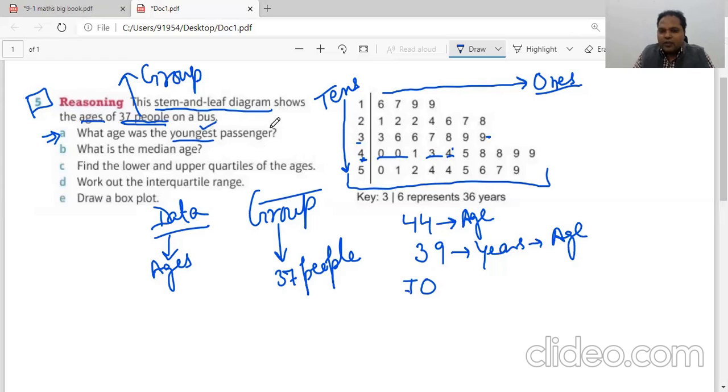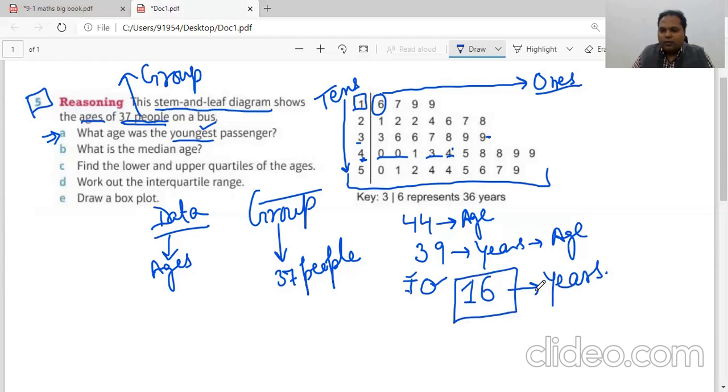So obviously the youngest passenger will have the smallest tens, and that's 1. Similarly, even the ones has to be smallest, so that is 6. That means the age of the youngest passenger was 16 years.